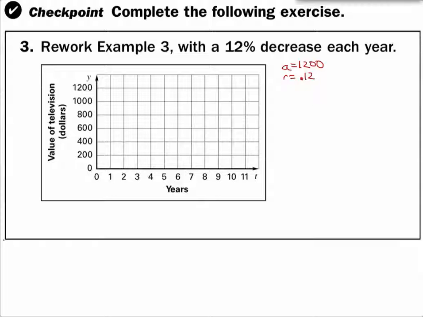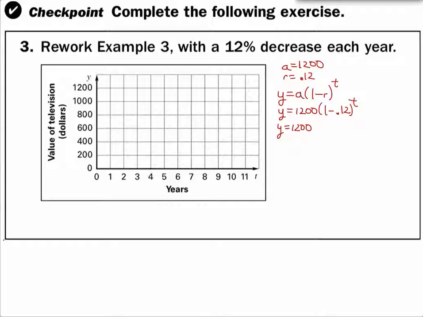And the reason why that's important is because we can use that general formula, y equals A times (1 minus r) to the t. So y equals 1200 times (1 minus 0.12) to the t.